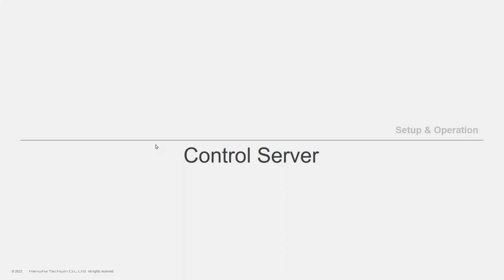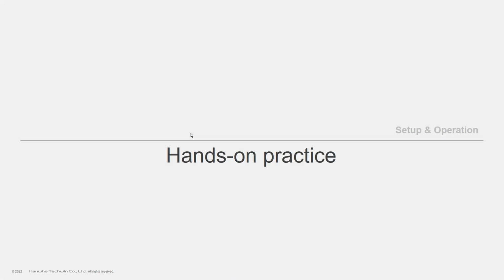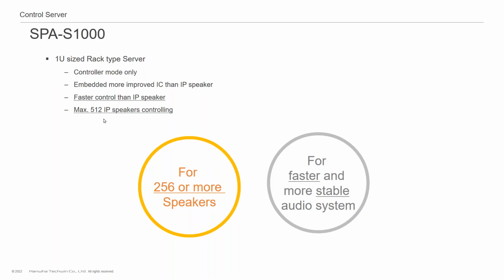All that you can do in the annual scheduler option. When you have more than 256 speakers, you will have to buy this server, a one rack unit server, and you will do the same thing which you are doing in the controller mode of the speaker. You will log into the server and do the same thing. Just remember, this server you have to buy from us. One SPA S100. So how does it look?